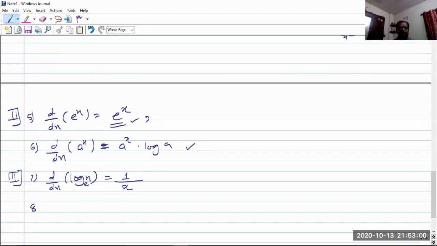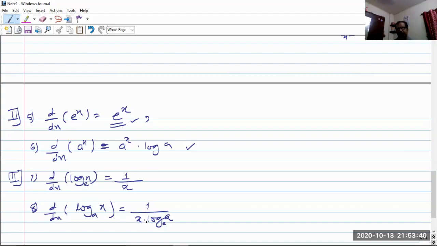And if the log is not the natural logarithm, the function will be log x to the base a, where the base of this logarithm is other than e. In that case the derivative is taken as 1 upon x log a. Again, log a means the base will be e here. So the derivative of such a logarithmic function, where the base is not e, is taken as 1 upon x log a, right?